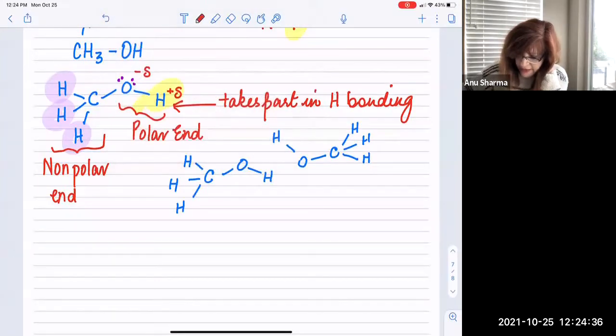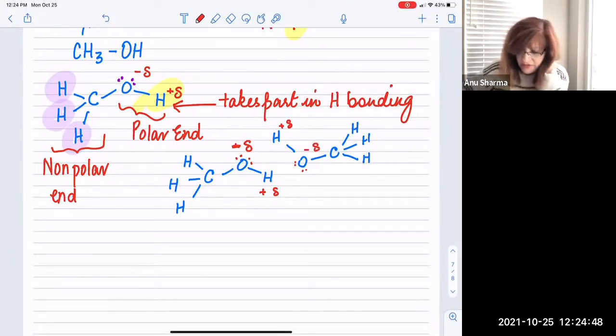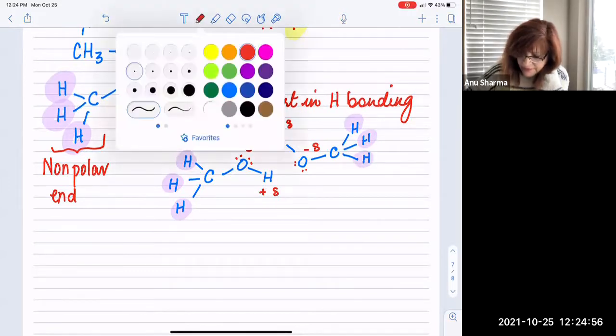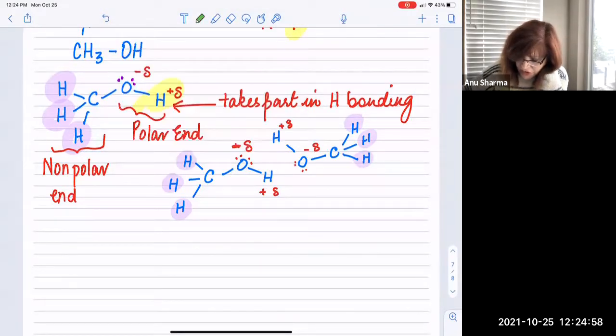This oxygen has a delta negative charge, and this hydrogen has a delta positive charge. This hydrogen has a delta positive charge, and this oxygen has a delta negative charge. These guys are not going to participate, they will just remain away. Now what is happening? Here we see that this oxygen lends its lone pairs to this hydrogen.